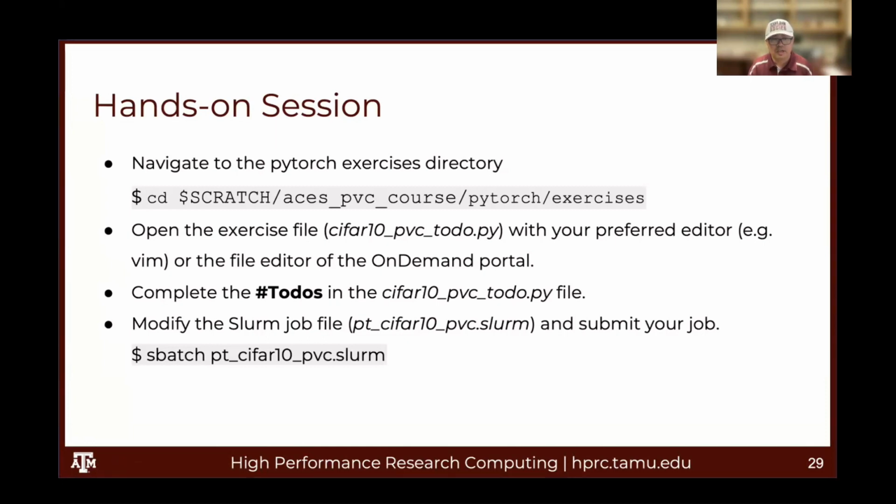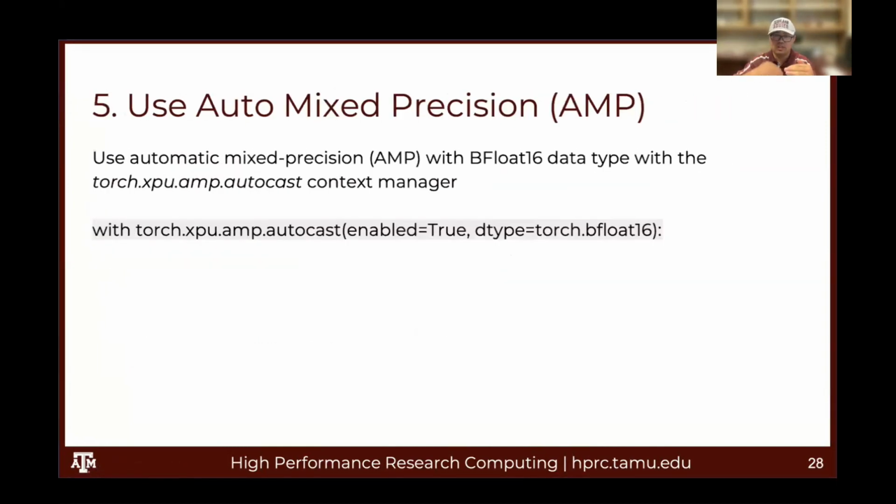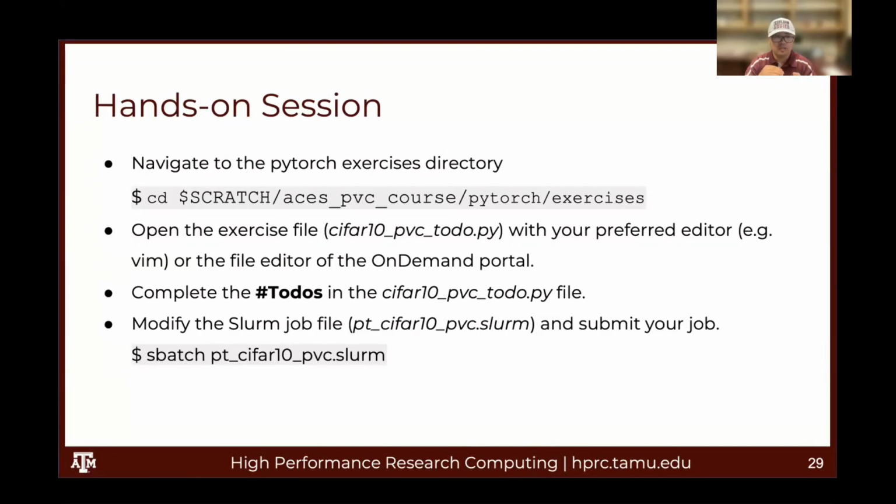Here I have prepared an exercise file called cifar10_PVC_todo.py. I have listed these several steps in the to-do file. So you can use the file editor of the Open OnDemand portal. You can add all these changes to the file and read through the code and familiarize yourself with how to change the PyTorch code to PVC code.